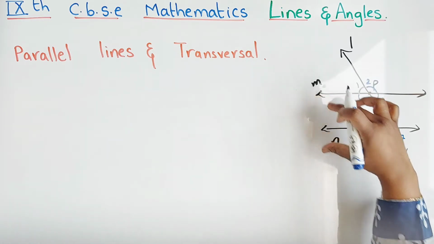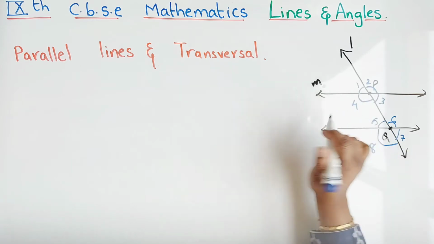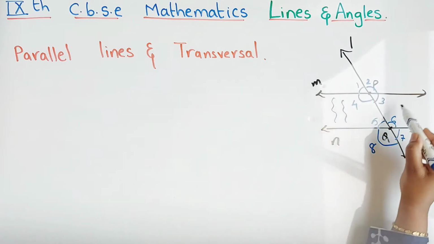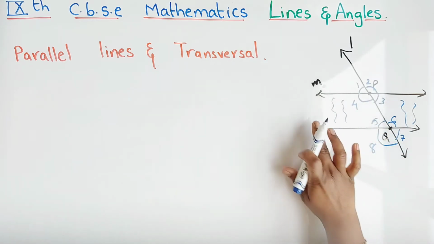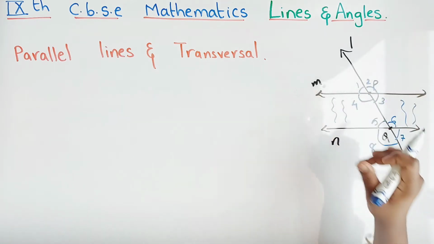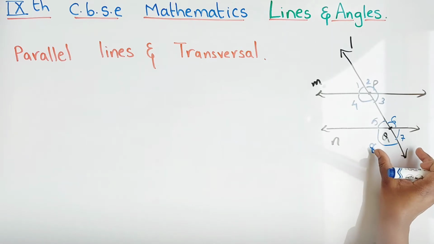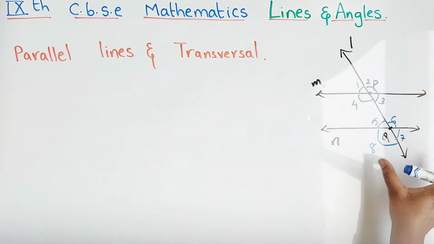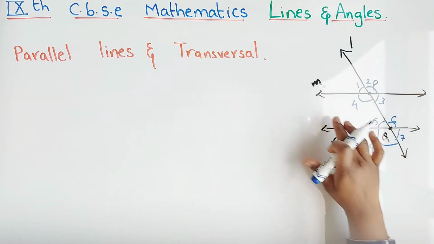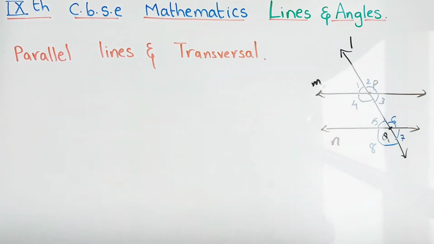Here if you see M and N parallel lines, this middle part is the interior area, and this area is exterior. The angles outside are called exterior angles, and the angles inside we call interior angles, children.